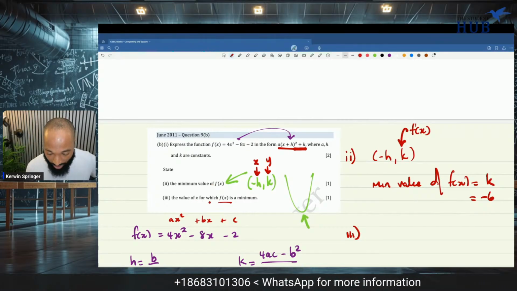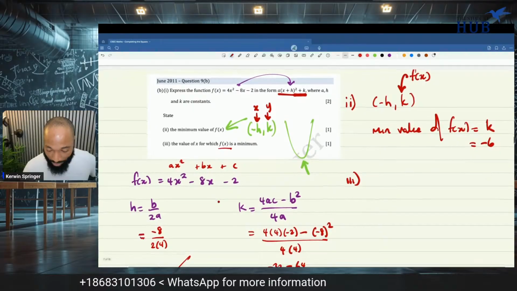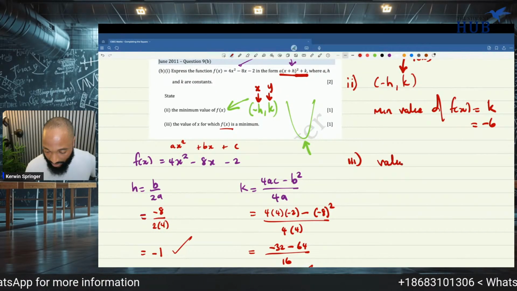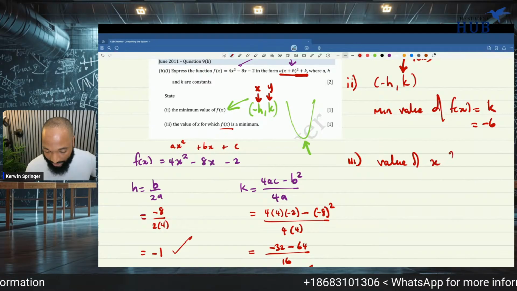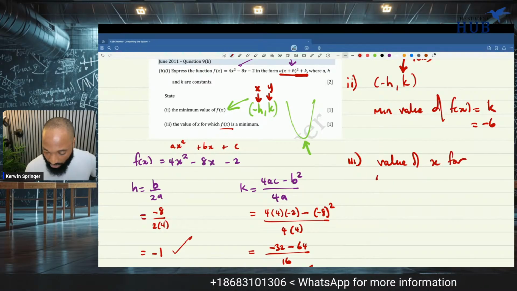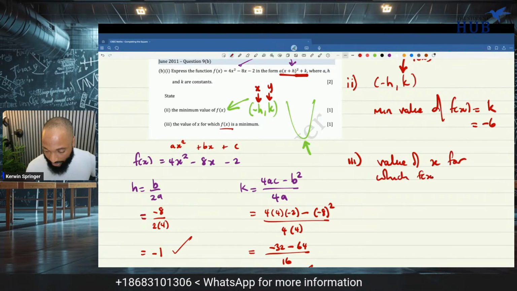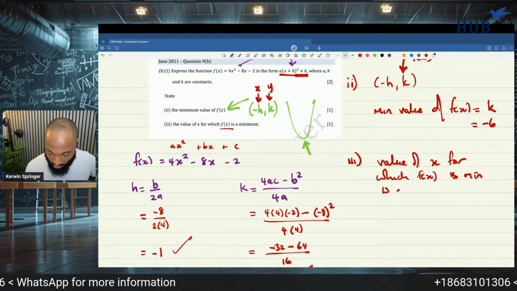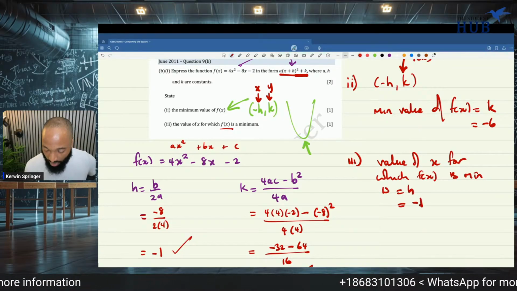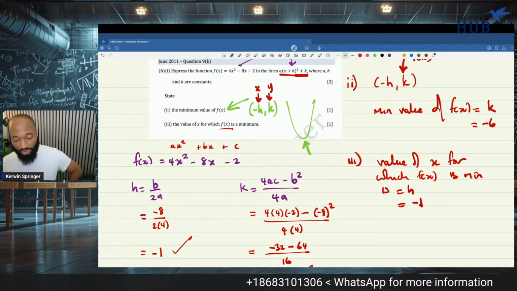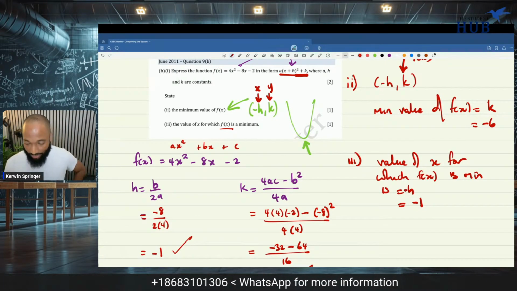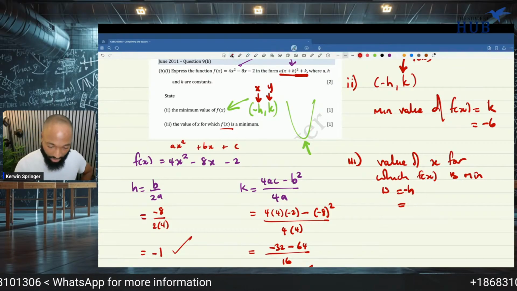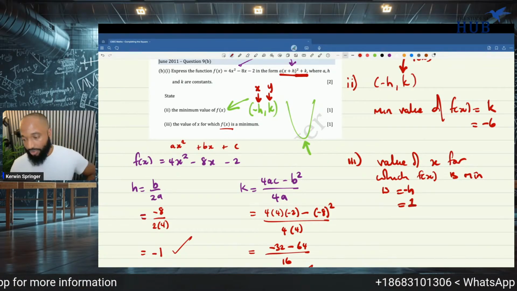So if they want the value of x for which f of x is minimum, the value of x for which f of x is minimum is h, which is negative 1. And that's it. Oh, sorry, it's negative h. So we're going to have to switch the sign because negative h. So it's not negative 1, it's positive 1.